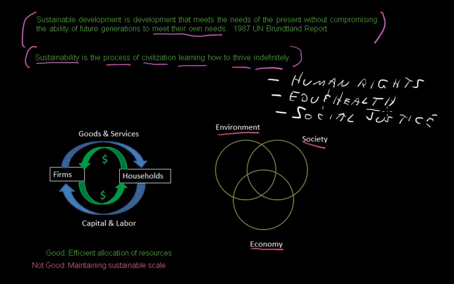The environment group includes things like a stable climate, clean water, air, and land, and functioning oceans.